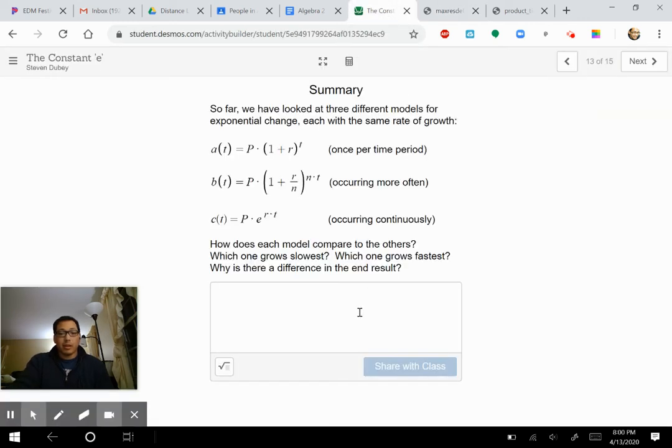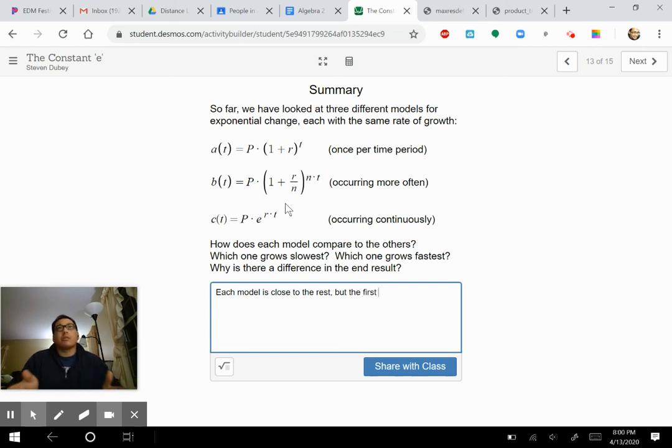All right, so let me come back to this. We explored these different models, these different formulas. Each model is close to the rest. They're all pretty close to each other in terms of the values that they give. But the first is the slowest growth, the slowest exponential change, once, say 2% a year or something like that.